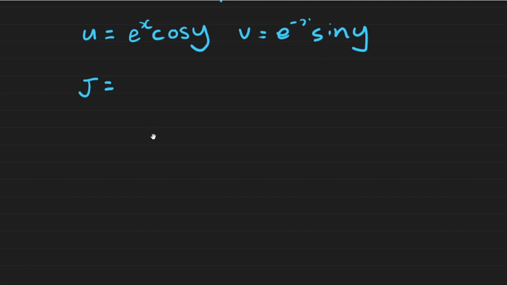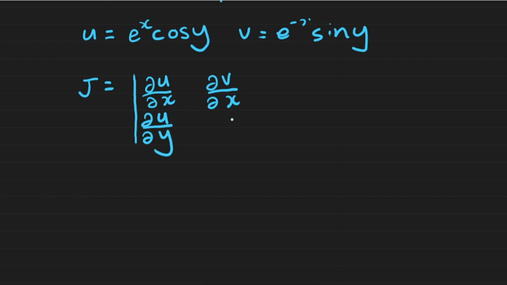So I'll just write this again. Jacobian is equal to the determinant of ∂u/∂x, ∂v/∂x, ∂u/∂y, and ∂v/∂y.